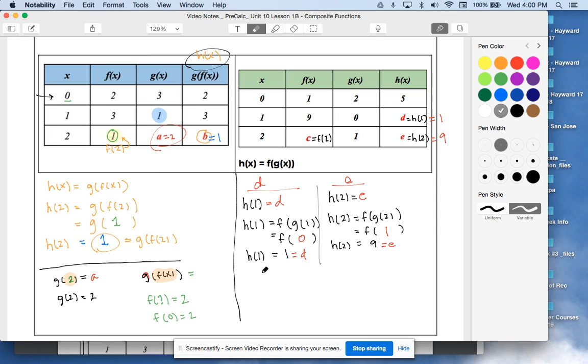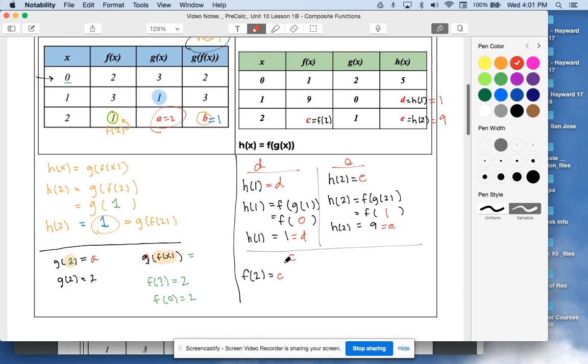So that one's easy. Now we look to find the value of c. Now this is the one that kind of looked like this problem over here. So we have to go backwards for this one, right? So we have to think about f of what is going to give us, oh wait, no, my bad, f of 2 equals c is what we're looking for.